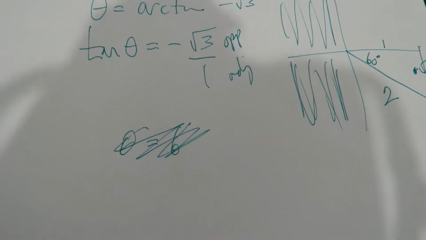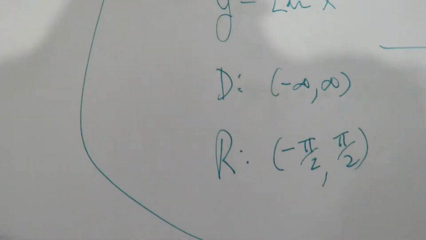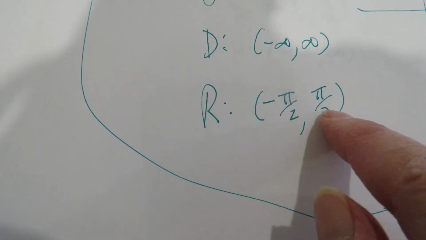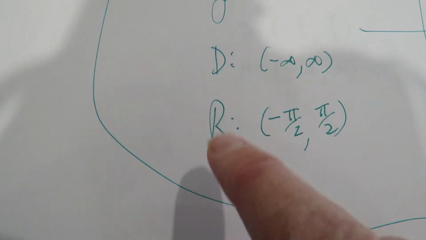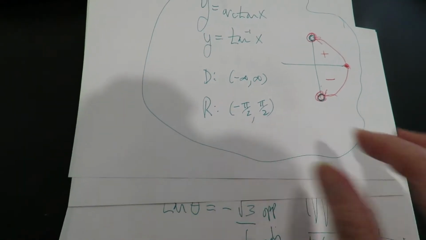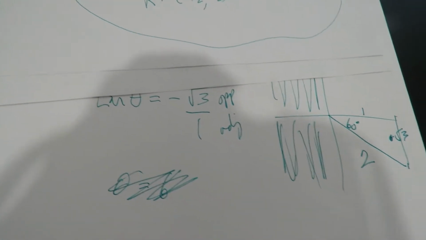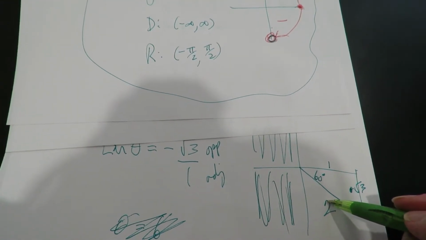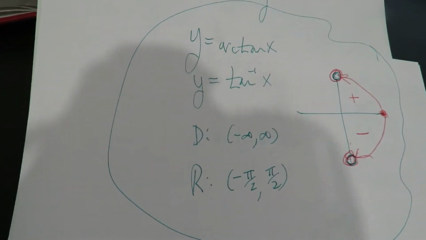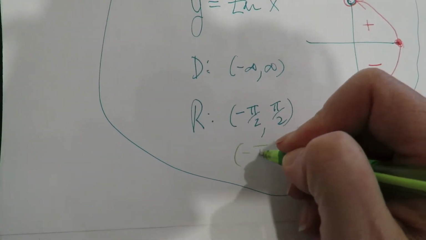But the problem with this, if you notice, is your answer has to stay in between negative pi over 2 and pi over 2. So you can't rotate in standard position. Somebody might try to say, oh, the answer is 300 degrees, right? You can't say 300 degrees.